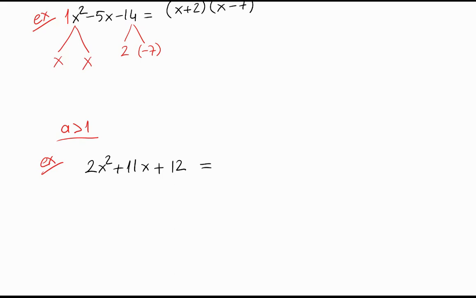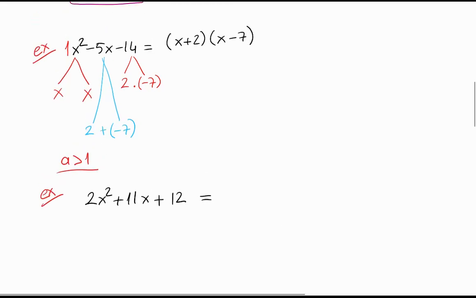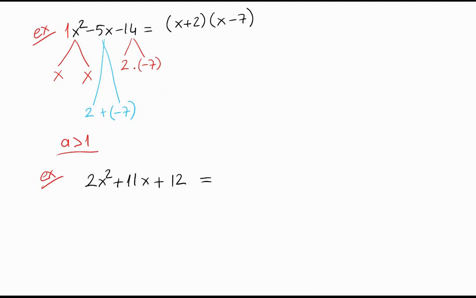Okay, so when I multiply this 2 and -7, I will get -14, but when I add them, I will get -5. So 2 plus -7 gives me -5. Okay, and then when I'm writing them, I will use x plus 2 in here and x minus 7 in here.